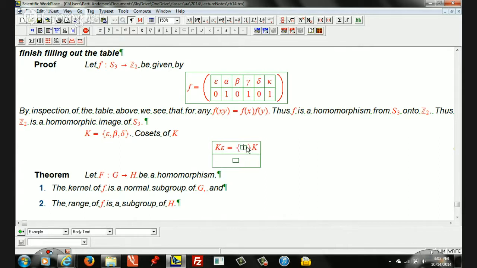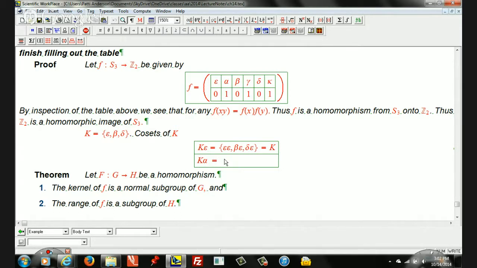This is equal to epsilon, beta, epsilon, and then delta epsilon, which is just epsilon, beta, and delta, which is k. Now, look at k alpha.